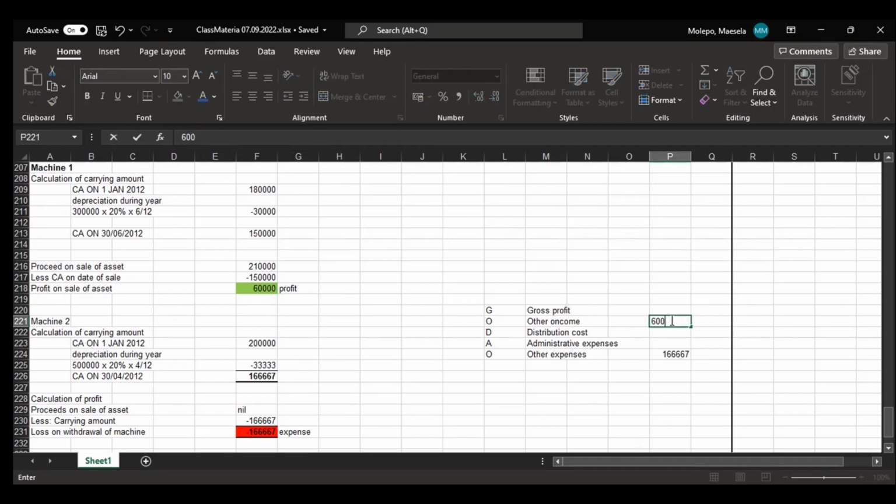So your 60,000 will sit here. Is the information clear? This is an extract of your statement of profit and loss.